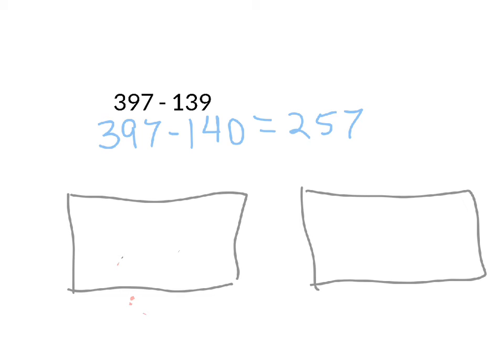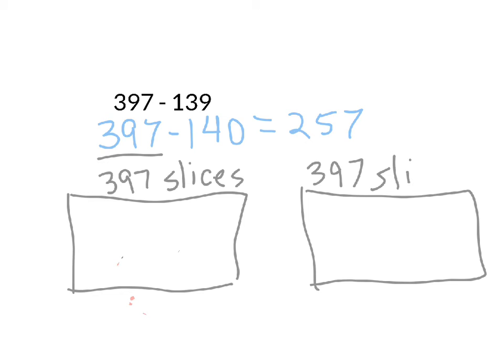Like the biggest cakes you've ever seen, okay? And in each cake, we have the total number of slices. What's our total number? It's going to be 397. So that's how many slices each cake has. There are a total of 397 slices. So we could possibly feed 397 people from this cake. That's a big cake, isn't it?